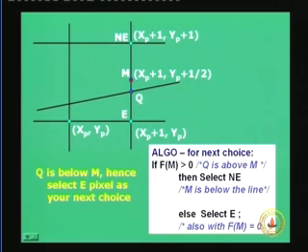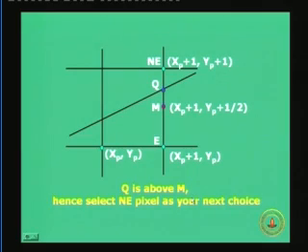That is the figure which we have shown in the previous slide. When the functional value f(x, y) substituted by the midpoint coordinates m is positive, or greater than 0, then we know that q is above m, or m is below the line. I will show the figure here. q is above m, or m is below q.